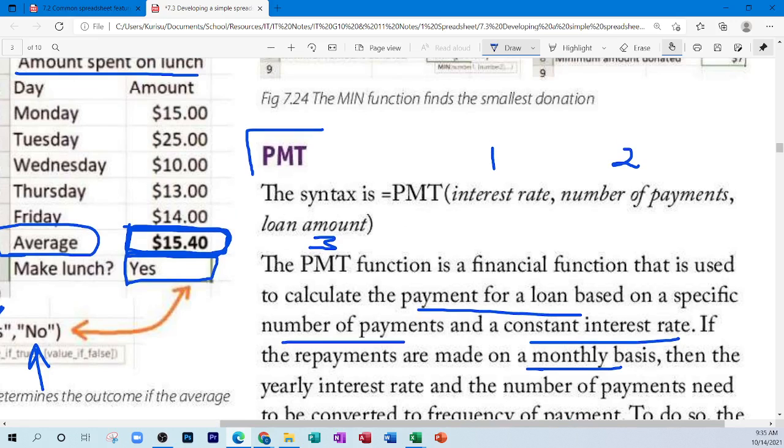Now, the bank would tell you how long you have to pay off this loan. So that is going to be your number of payments, because they're going to tell you that you have 5 years to pay off this loan, and they're basically going to tell you that every month or every year you should pay this amount, and within the 5-year period you are going to cover that loan amount that you would have taken.